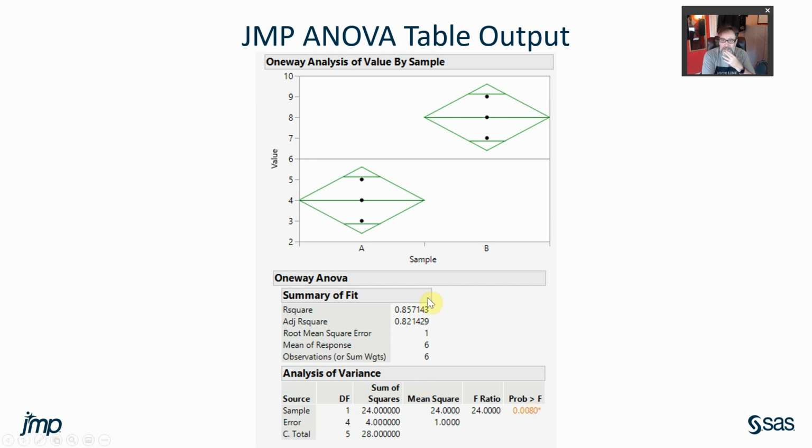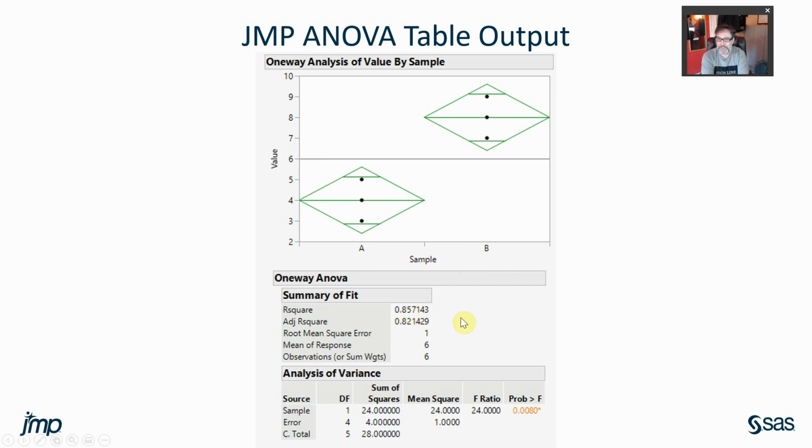All right. Out of interest, this R squared represents the variation. We can say 85% of the variation in the response is explained by these sample groupings that we've got here, A and B. Where do we get 85% from?